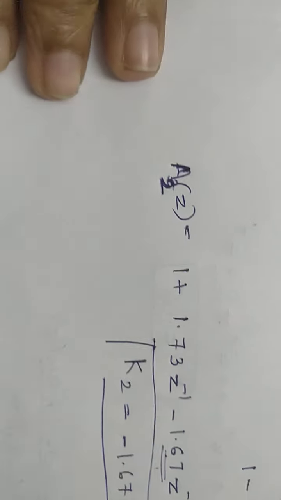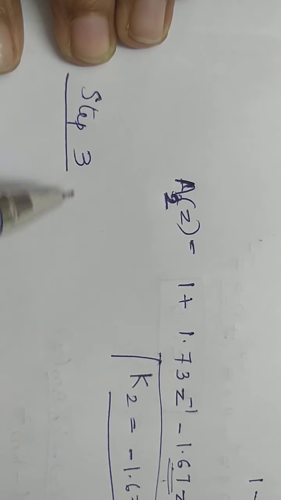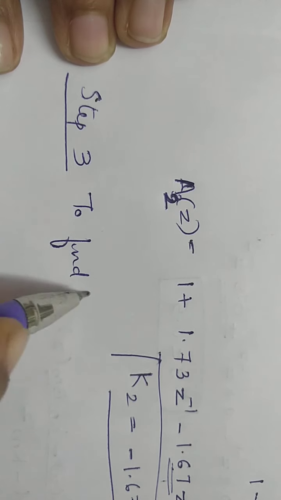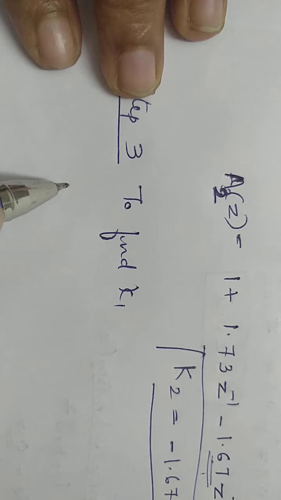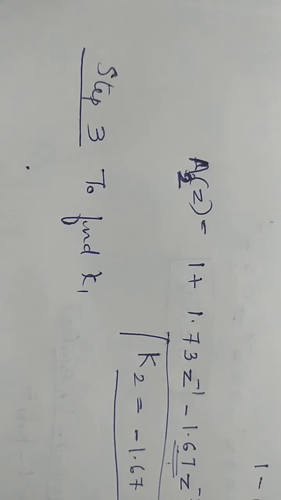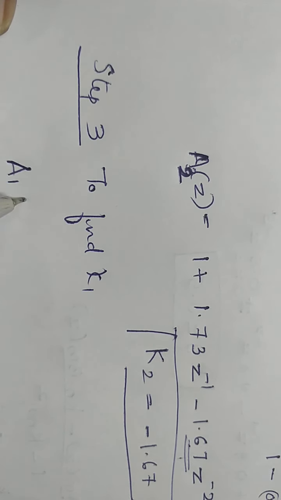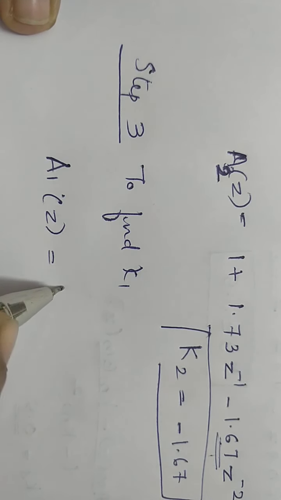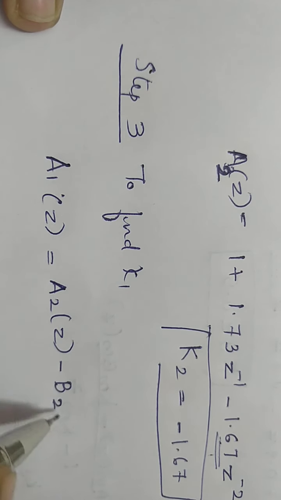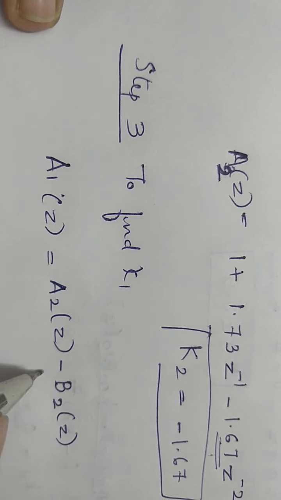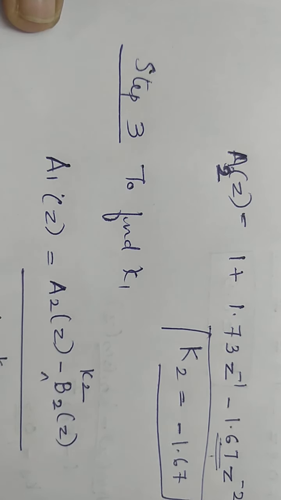Again, step 3 is to find k1. For that, with the same equation, we already got a2 of z. So a m minus 1, that is a1 of z, is equal to a2 of z minus k2 times b2 of z, divided by 1 minus k2 square.